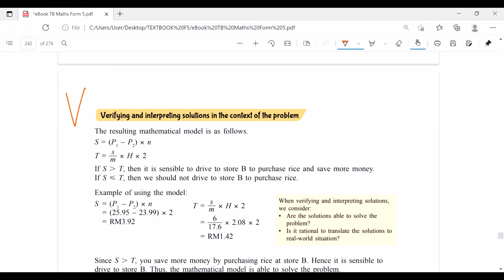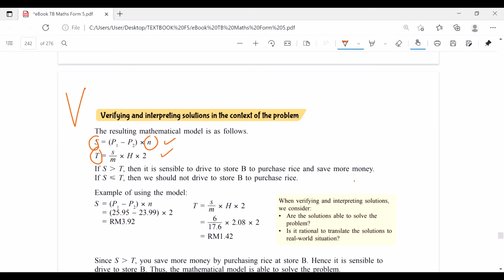So what you do, the resulting mathematical model is as follows. Your S, what you save, you make a formula like this. You find the difference of the price at store A and store B, you times with the number of packs of rice, and then T is your difference of the petrol cost.